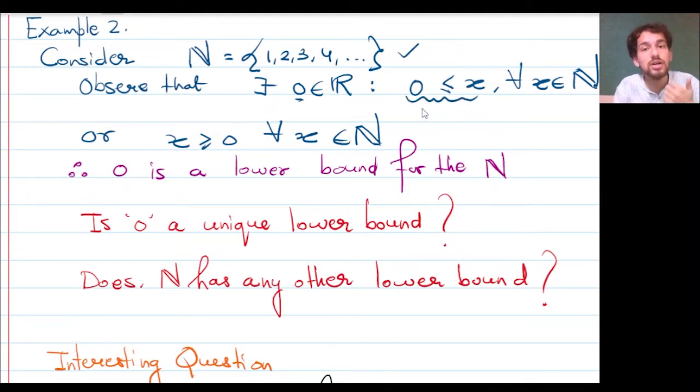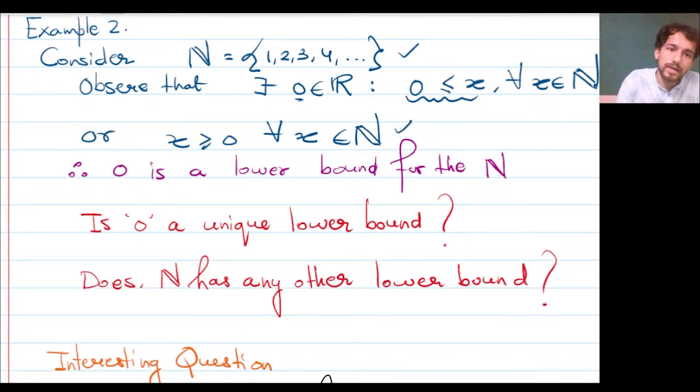This is the condition for a lower bound, that is, x is greater than or equal to 0 for every x belonging to the set of natural numbers. Every element of my set is greater than or equal to 0. Of course, they are greater than 0, so it satisfies this relation, greater than or equal to. You can write it another way like this.